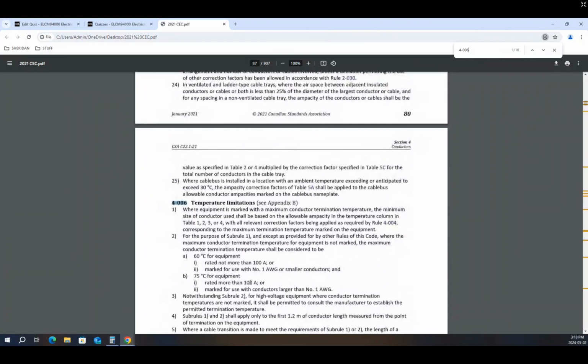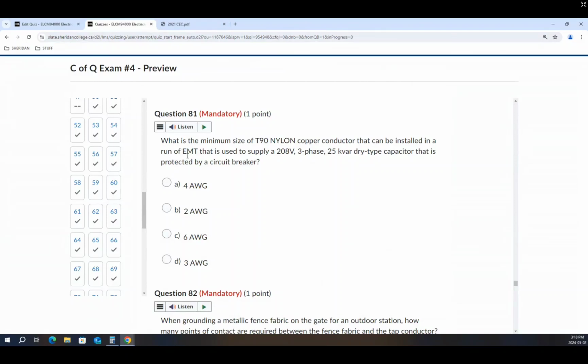If it's rated at more than 100 amps, it's 75C.